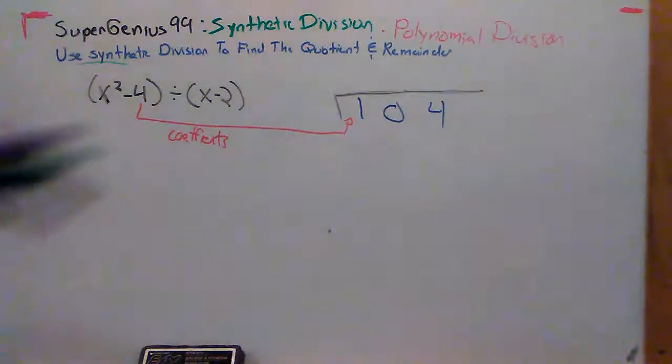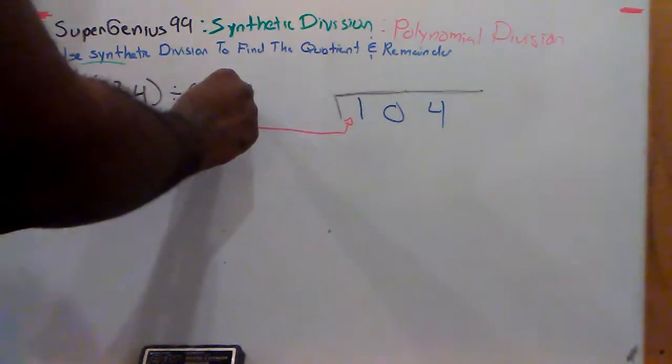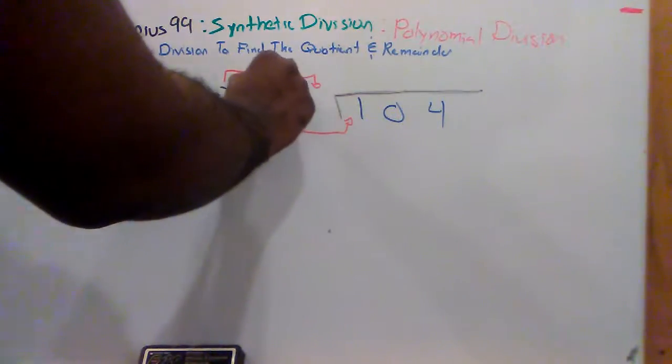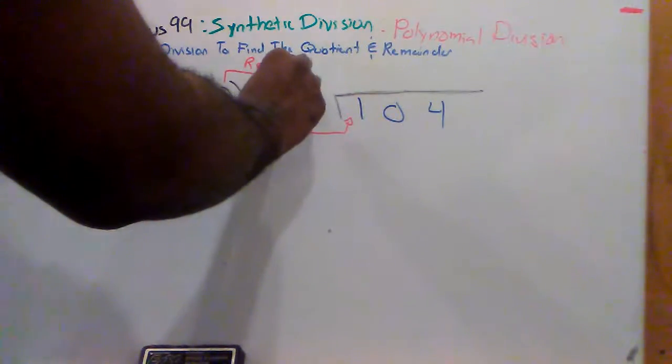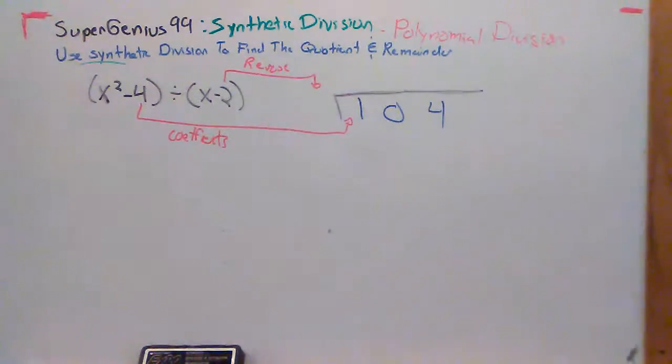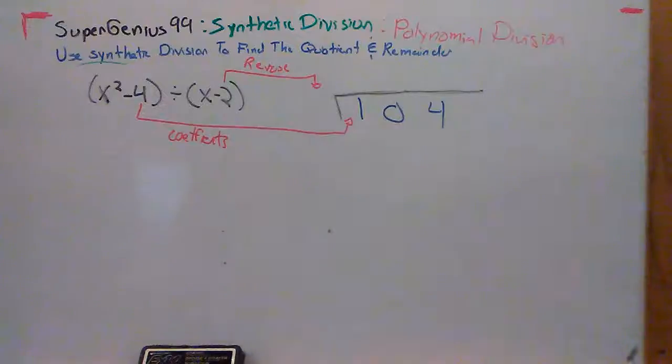And then what goes outside is this number here, reversed. Okay. And then, let's see here.